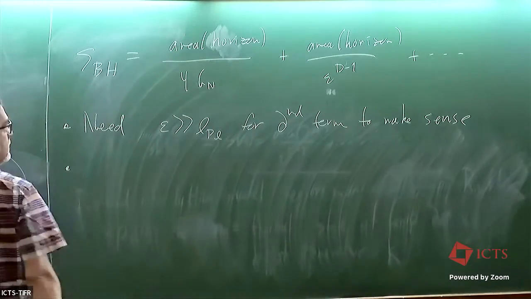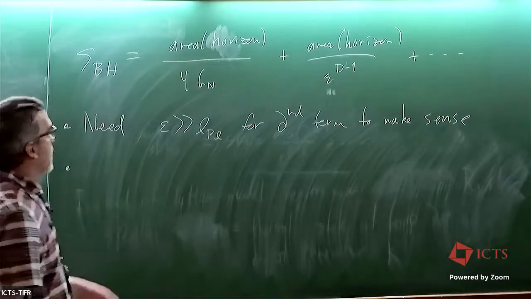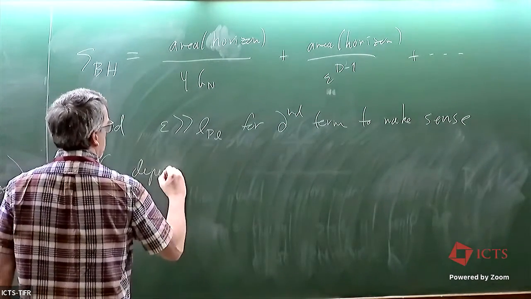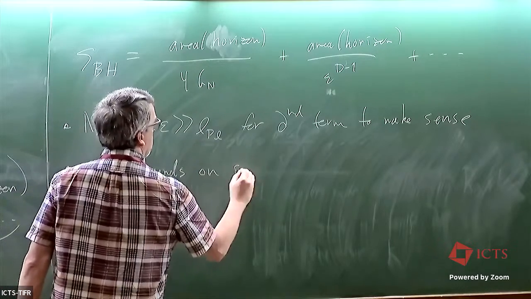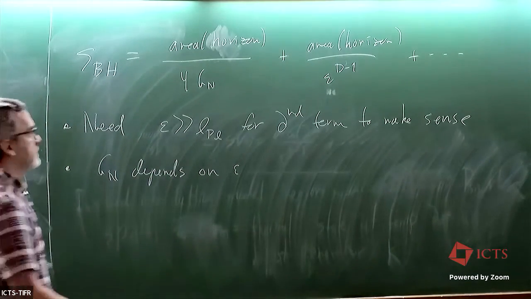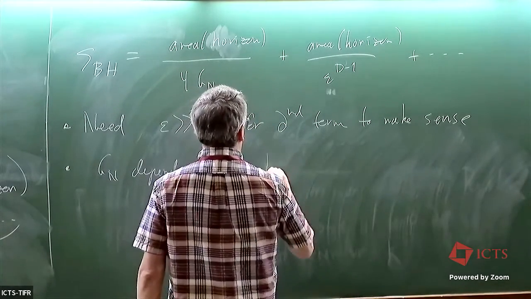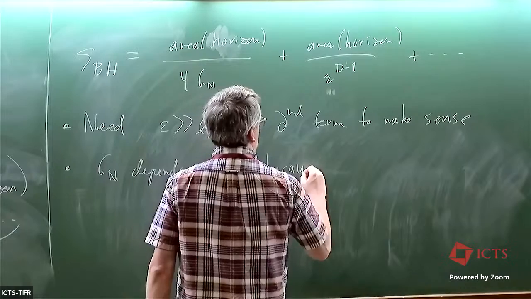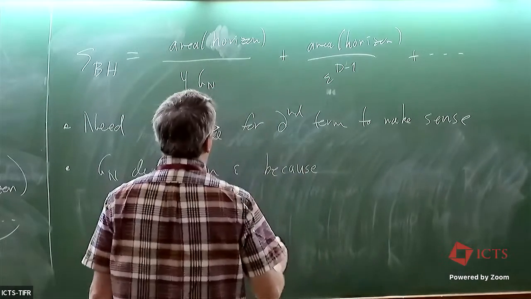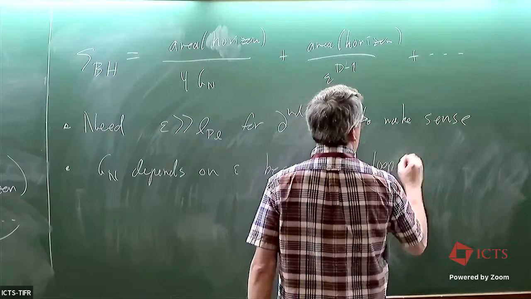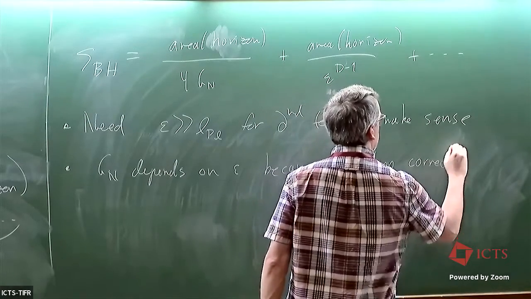The second thing is that G Newton actually depends on epsilon. And the reason is because of basically loop corrections to gravity, roughly speaking.